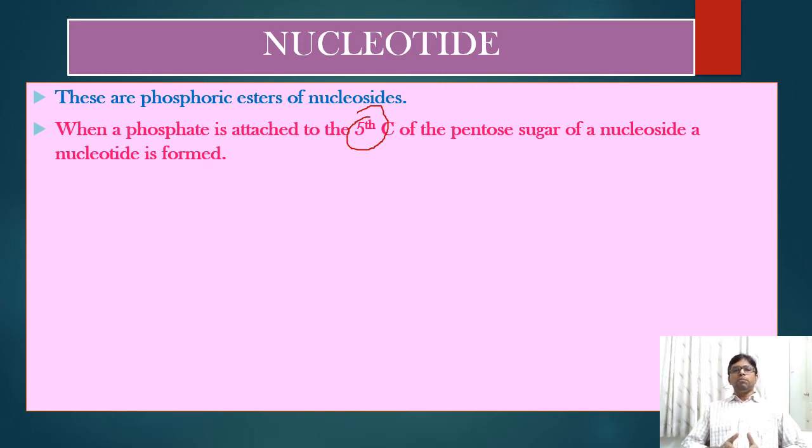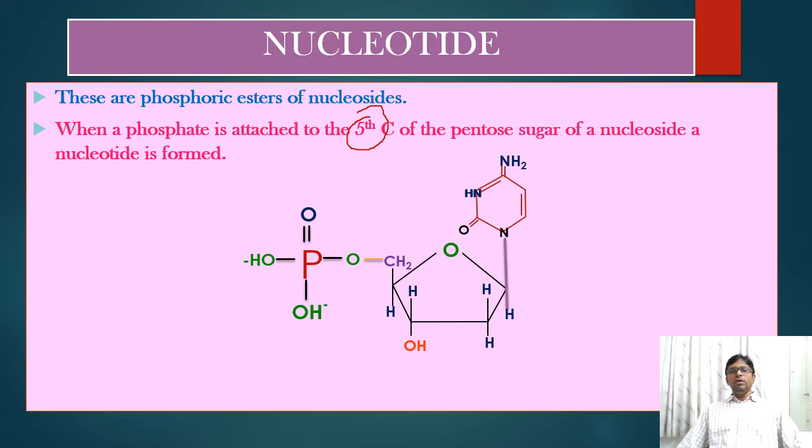Usually, phosphate forms an ester bond with the pentose sugar. Phosphate binds with the fifth carbon of the pentose sugar of the nucleoside and forms a nucleotide. Here you can see in the picture very clearly. This part is the nucleoside, this one is the pentose sugar of the nucleoside, and this is the fifth carbon.